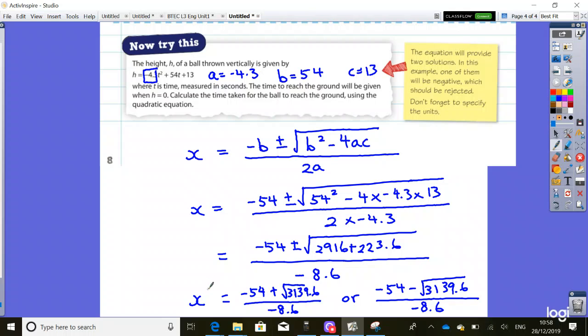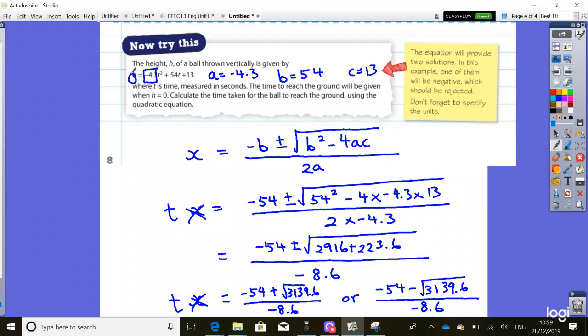By the way, because we're not really finding x, we're finding time, so we should have rewritten that as t. The t is our variable, with h equal to 0. That's why we use the quadratic formula.